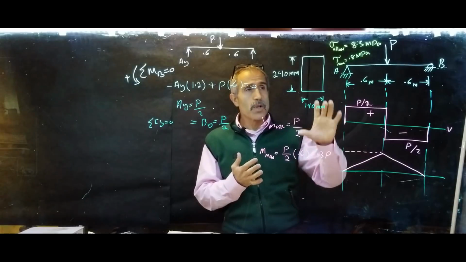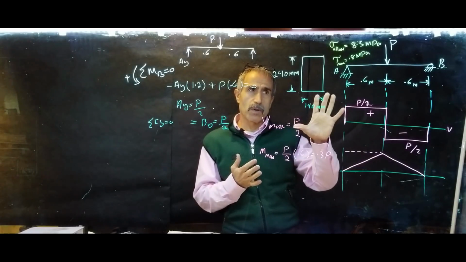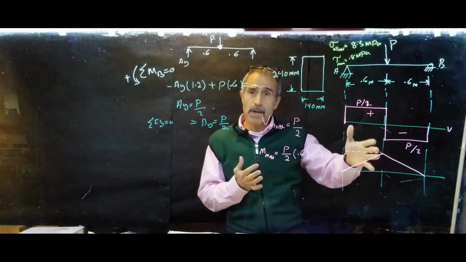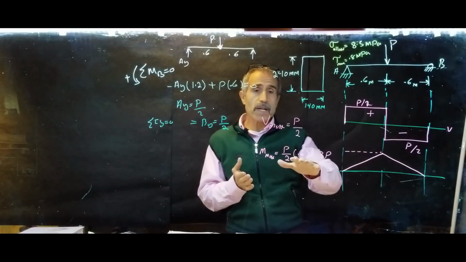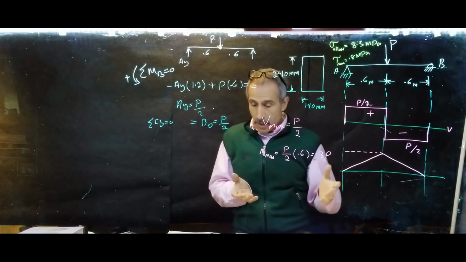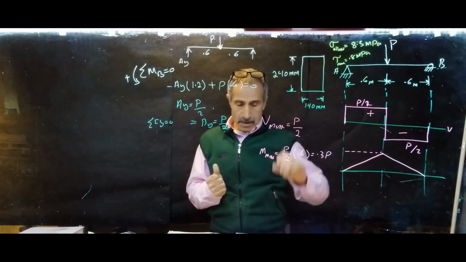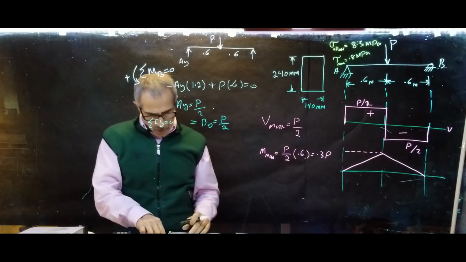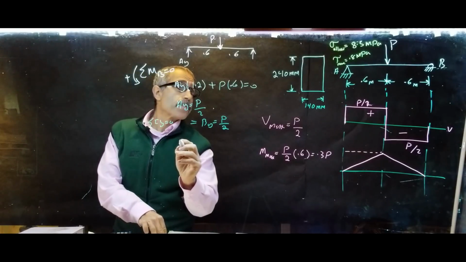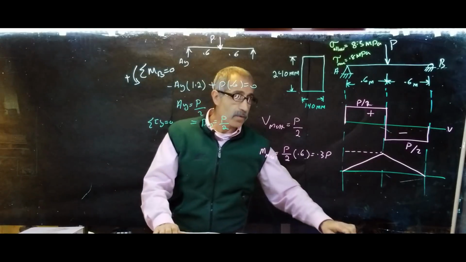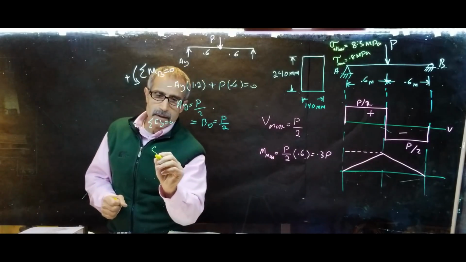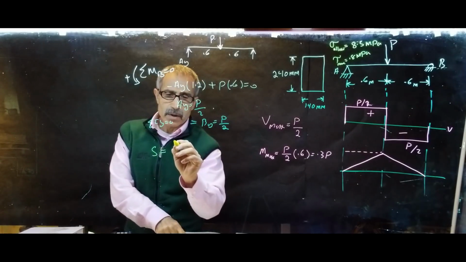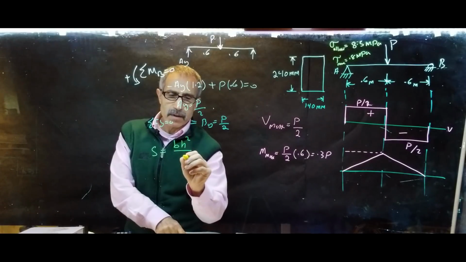So no matter how this problem is presented to you, whether you have P and you don't know this dimension, this is the method. Use the same method. You figure out your maximum moment, you figure out your maximum shear. Then, for a shape like this, the section modulus S is equal to BD squared divided by 6, or BH squared in this case, BH squared divided by 6.